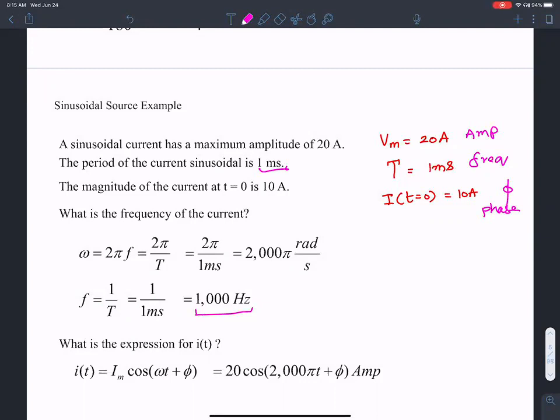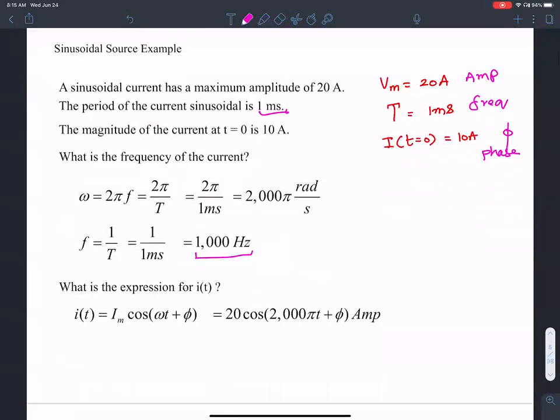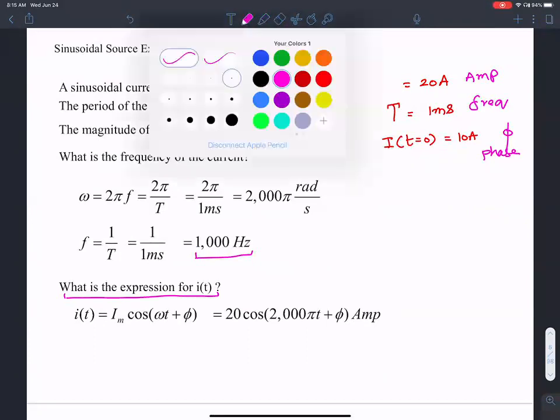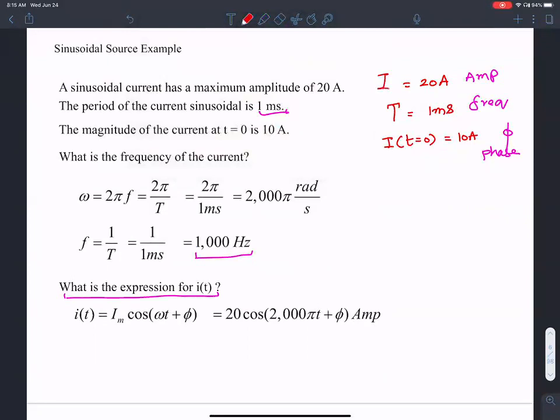Now am I ready to write the expression for i(t)? The Im value is given. Excuse me, this is not voltage Vm, this is Im, the amplitude, because it's a current source. Im represents the amplitude for the current source.